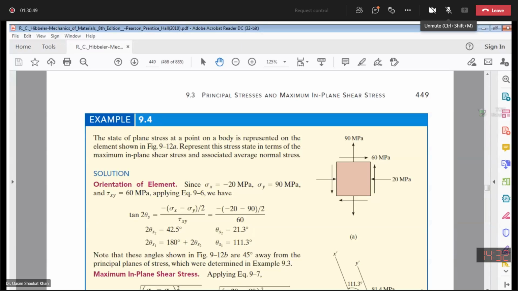Now the next thing is we have to put the values of theta s1 and theta s2 in equation number 3 to calculate the maximum in-plane shear stress.